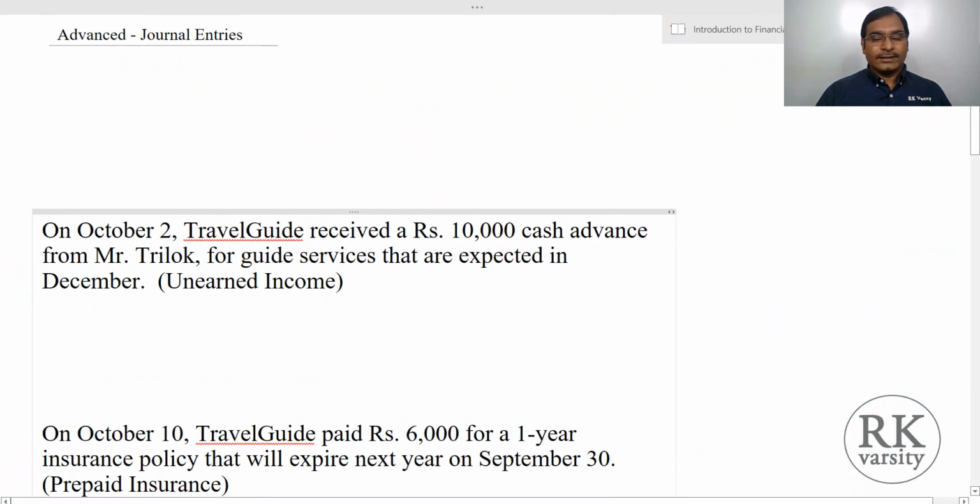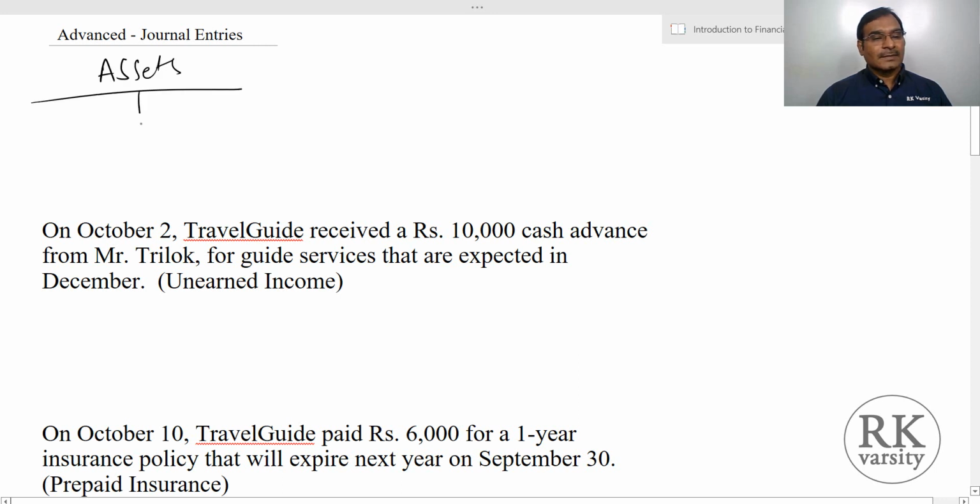First, let me write the rules of debit and credit for different classifications of accounts. When you have assets, when there is an increase in an asset, we debit it. When there is a decrease in an asset, we credit.